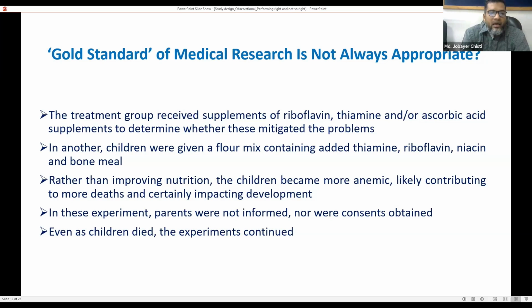What happened is that rather than improving nutrition, the children became more anemic, and this likely contributed to more deaths and certainly impacted development. In these experiments, parents were not informed and nor were consents obtained. And even as children died, the experiments still continued.